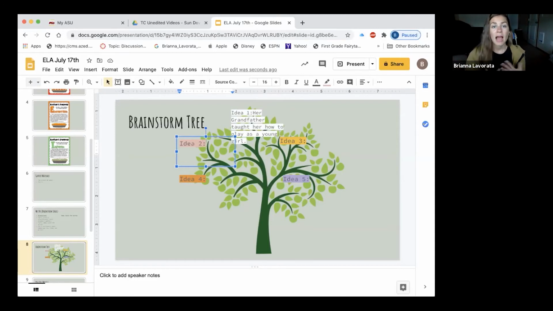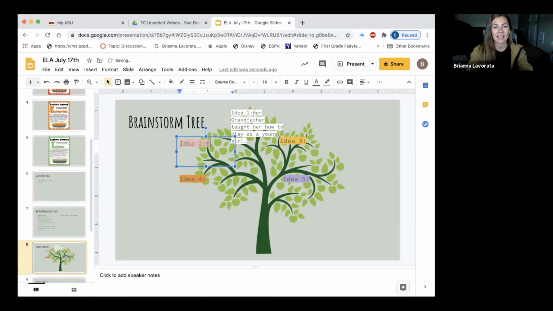So idea number 2. Why else do we want to entertain somebody about why Emma loves the guitar? We can say that Emma wrote a song all about cats being silly.